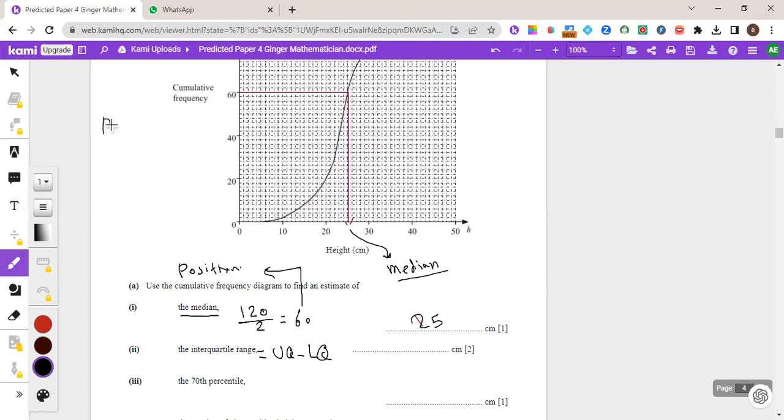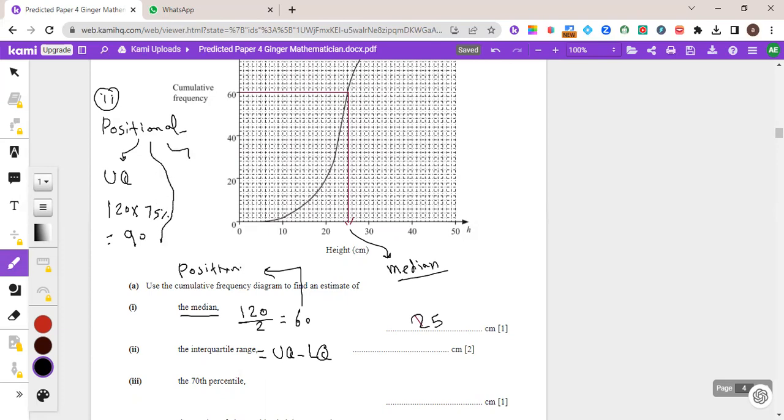Let's find the position of the upper quartile. 120 multiplied by 3 divided by 4, which is 75%, equals 90.